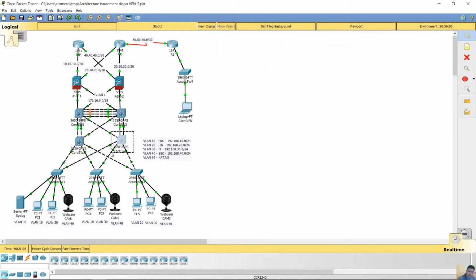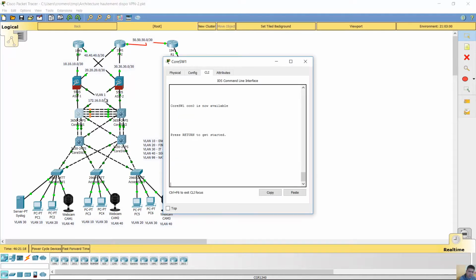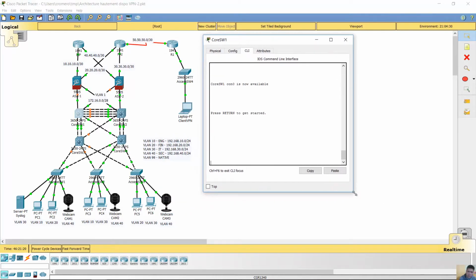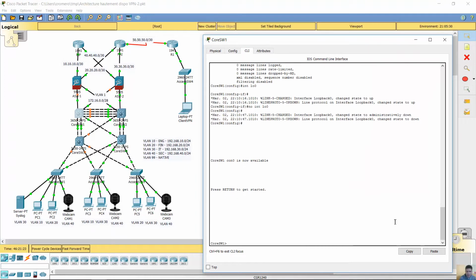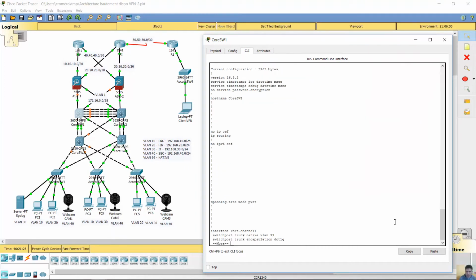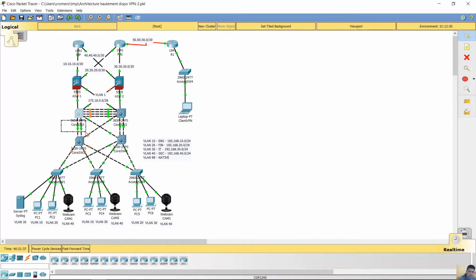This other core switch is configured like core switch 3, but the configuration on these two switches is different. Look at this. Enable, show running config. These five links are trunks.